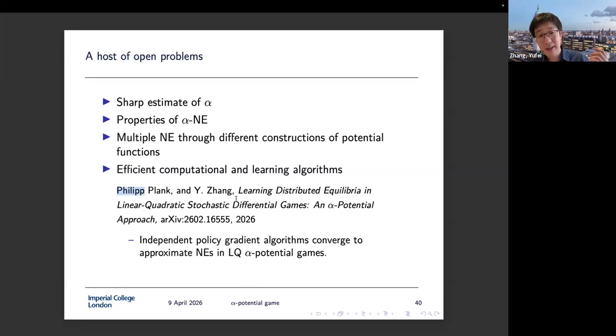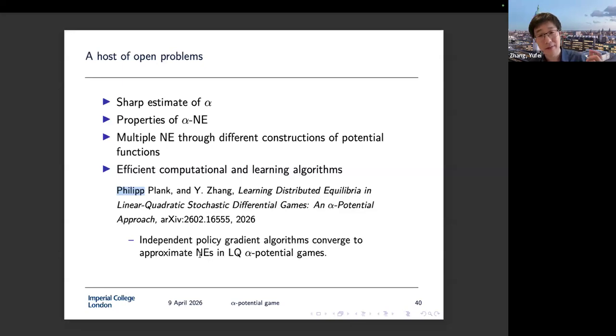We show that in a linear quadratic game, in general the policy gradient may not converge. But if you know this linear quadratic game is an alpha potential game, you can show that a policy gradient algorithm will converge to an approximate Nash equilibrium, where the quality of this Nash depends on the alpha and on the interaction in this game, as I showed you before.